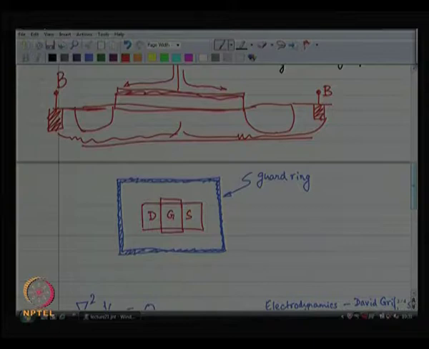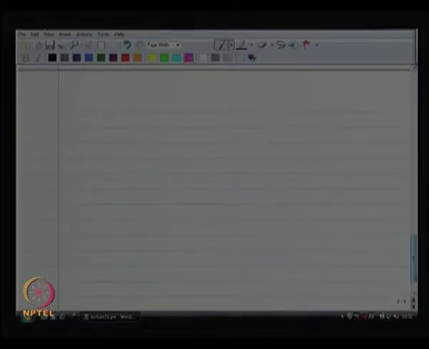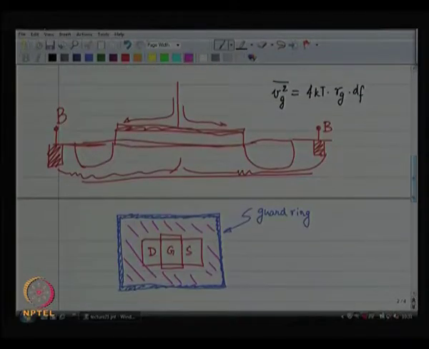So, you put a grid around your device and hope for the best. You hope that inside the device all over the place you have got a body potential which is equal to 0 volts. Unfortunately it is not going to be exactly 0 volts, because of resistivity within the body itself.